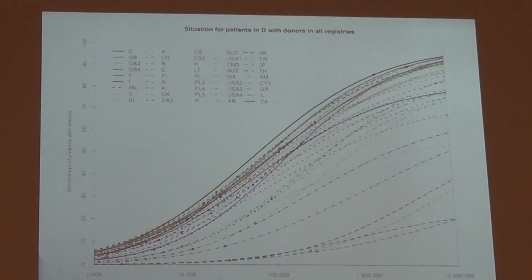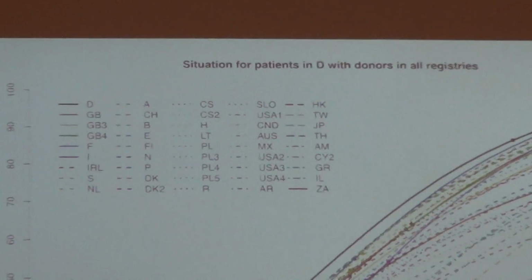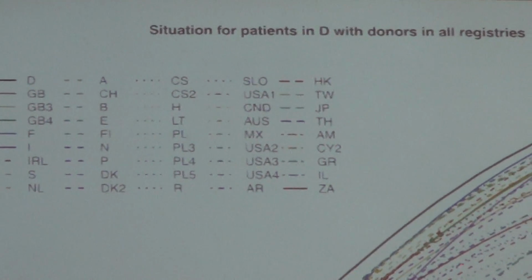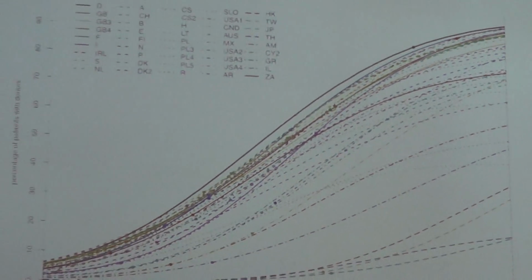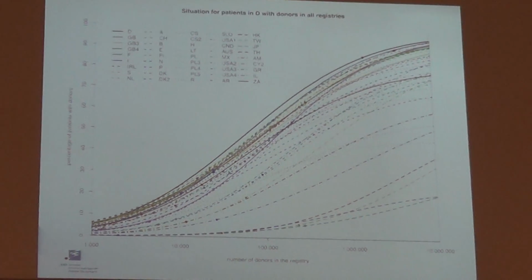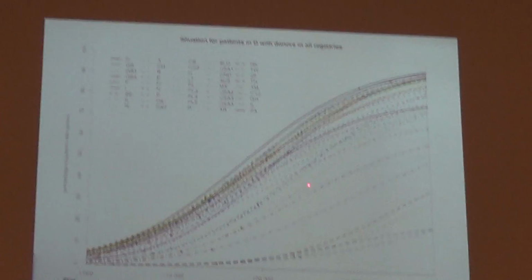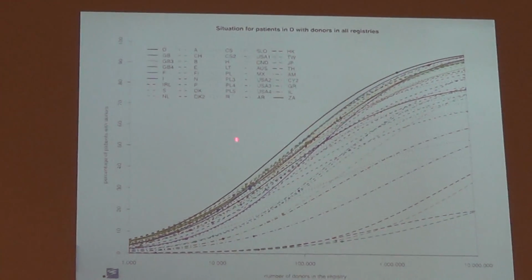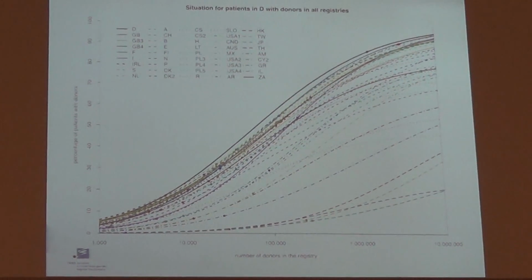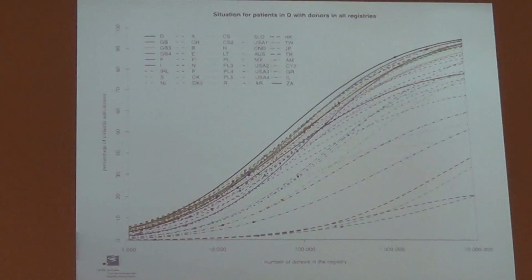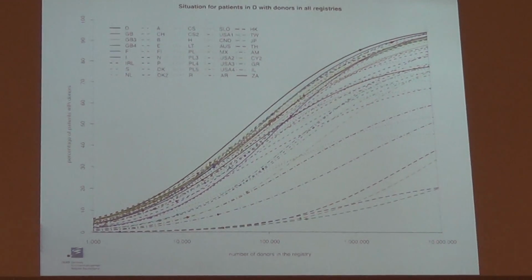However, what you can do is not only look at a registry for their own country. This is a similar graphic looking at the situation of German patients with donors in other countries. And essentially all the curves which are close to the black German curve are European populations, and this is why we have done a pretty good job in the transplant medicine while not having a real registry in the late 80s.